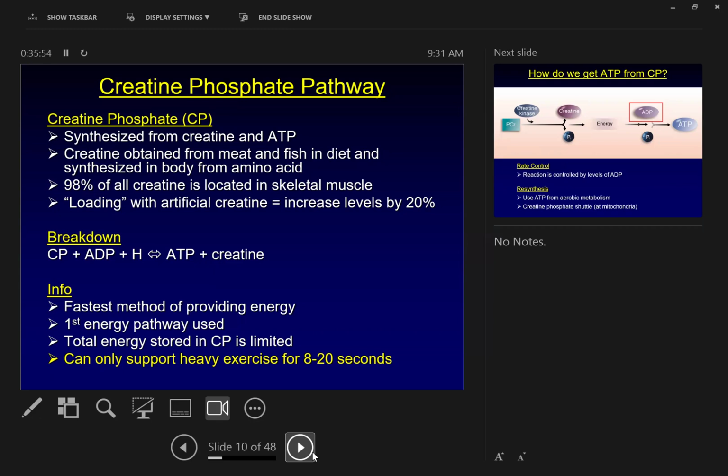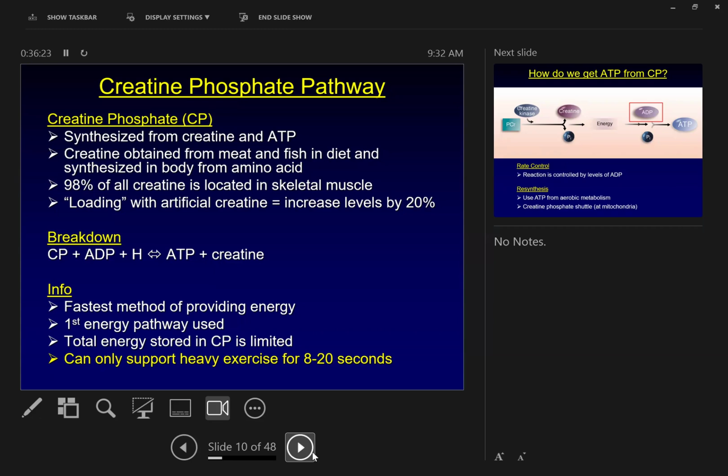We talked about creatine loading the other day, but here's what this pathway looks like. I know we make you guys take chemistry. We're about to do a little bit of biochemistry, which is why all of this hopefully will make more sense. You've got creatine phosphate on one side of a reaction. As you break down the stored ATP in your muscle, you get ADP floating around inside of that muscle fiber.